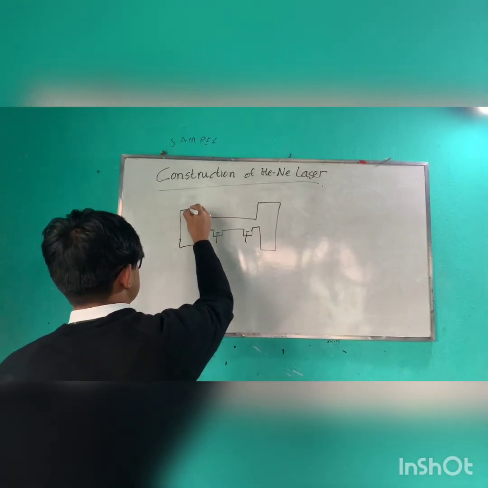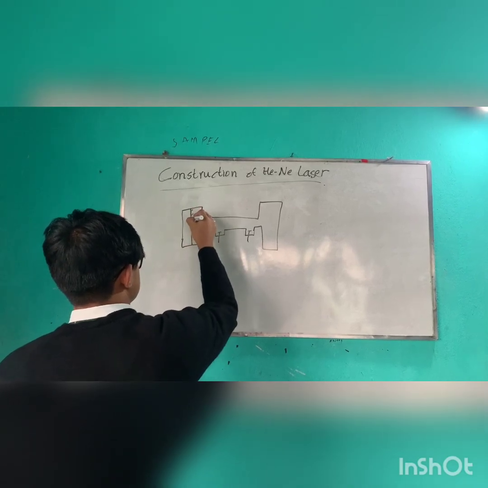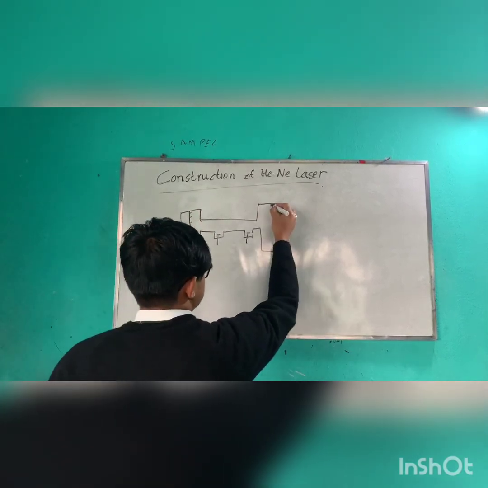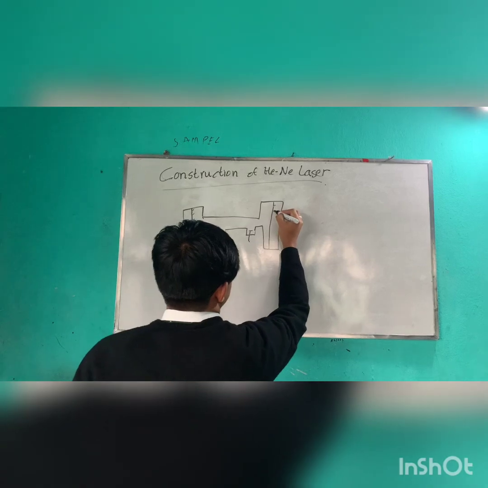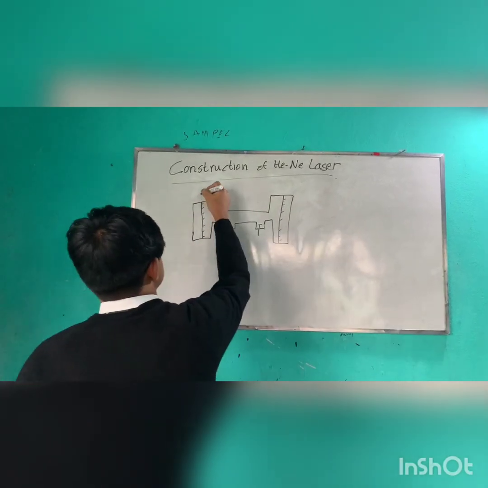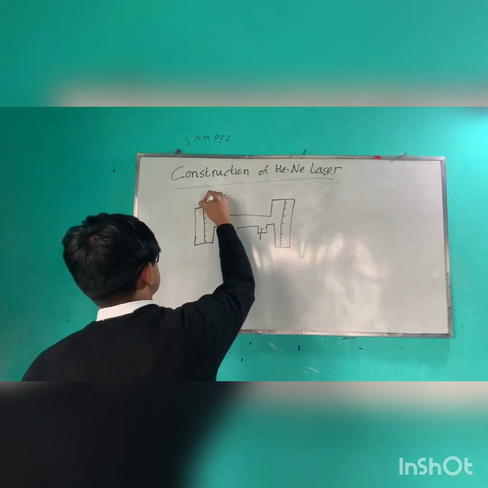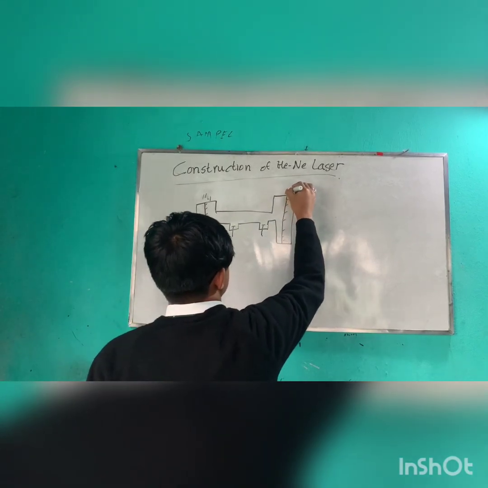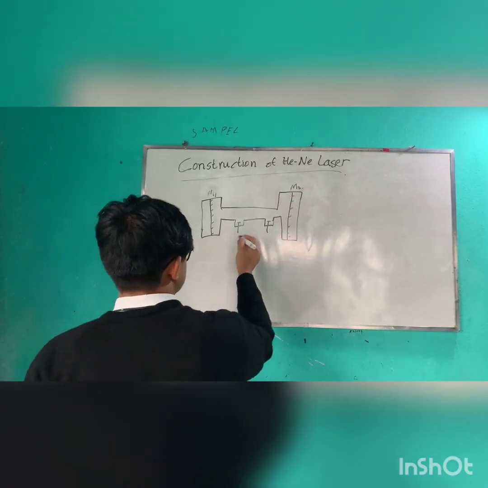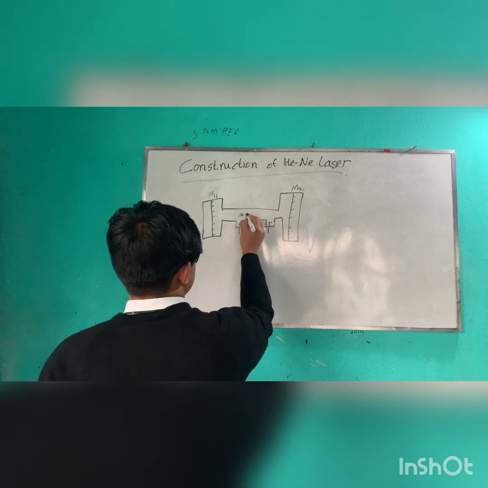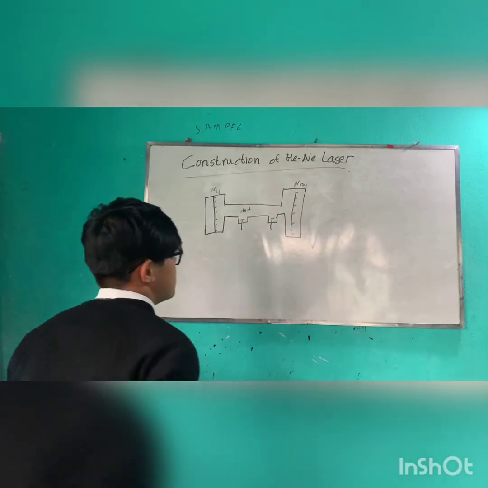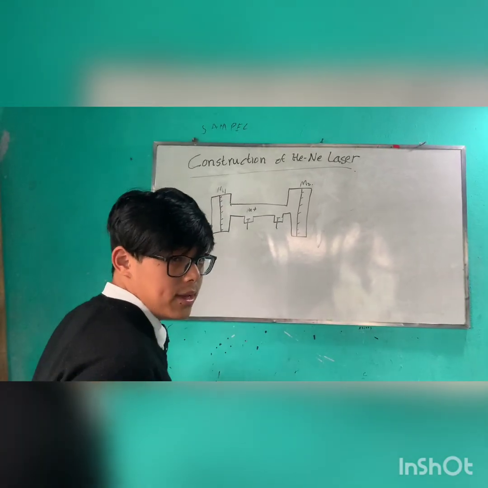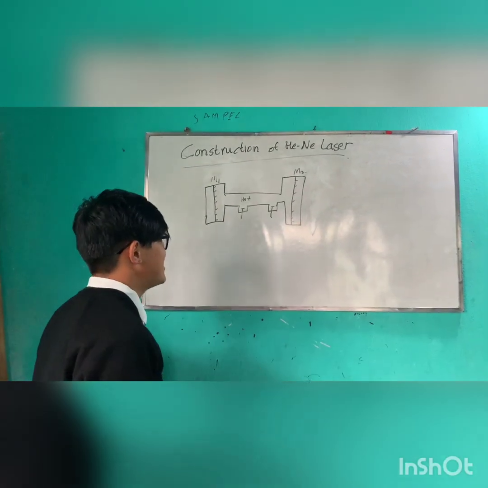Let's say this is M1 and this is M2. And these are the electrons. This is the apparatus in which we may produce helium neon laser.